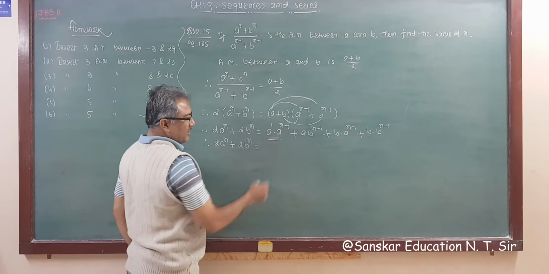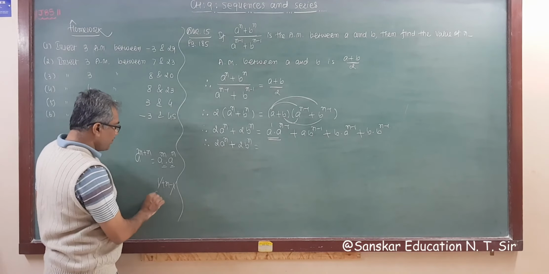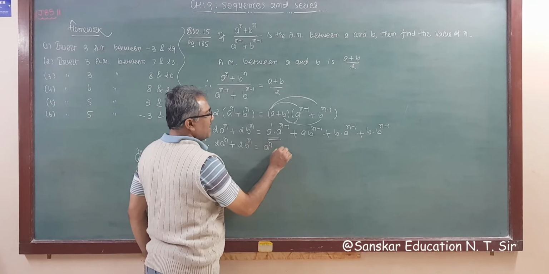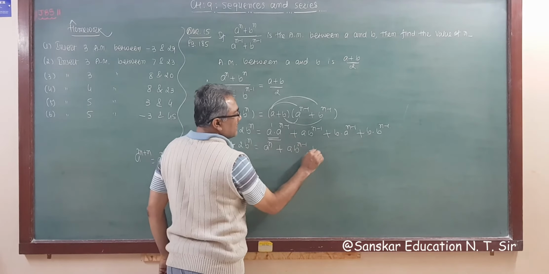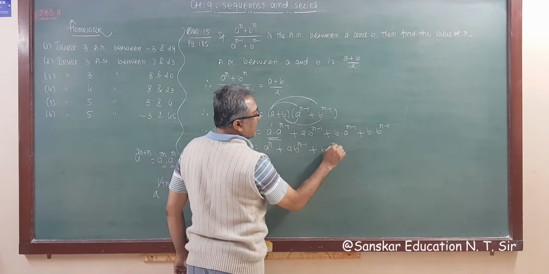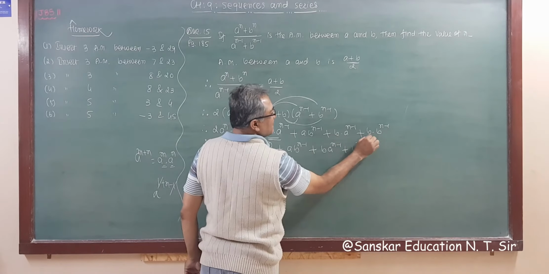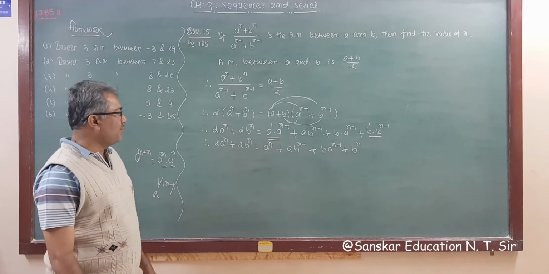The 1 will be cut, right? So the answer is a raised to n plus a b raised to n minus 1 plus b a raised to n minus 1 plus, again, this is b raised to n: same base, sum of the powers is 1, so we get b raised to n.